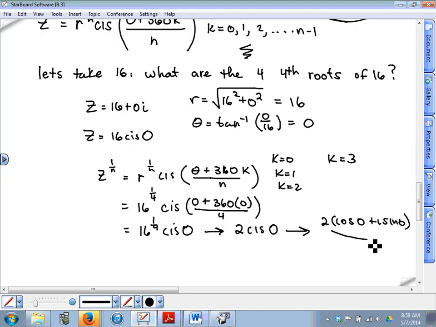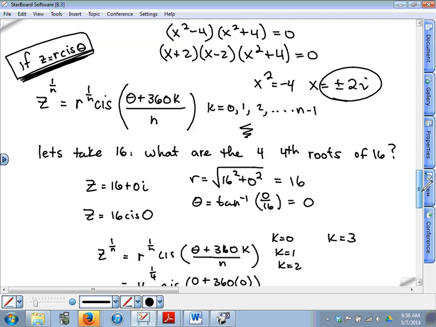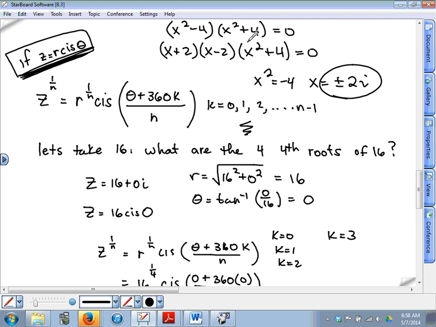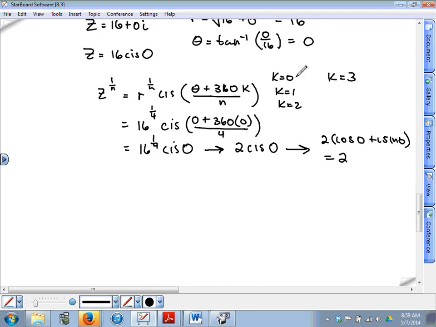So what does this whole thing turn out to be? Turns out to be 2. And isn't that what we were expecting as one of our roots? I know you think, well, this takes way longer. It might have for this particular number, but the ones you're going to be doing wouldn't really be easily done using this method anyway. So that's the k equals 0 case.